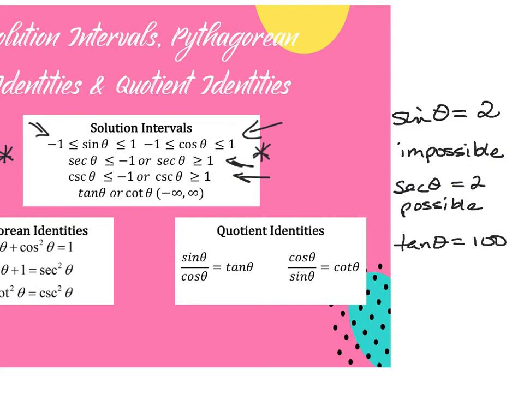This one would be possible because tangent is any number. It's all real numbers. So when you get to that part of the homework where it asks is this possible or impossible, refer to this white box where they talk about the possible solution intervals.